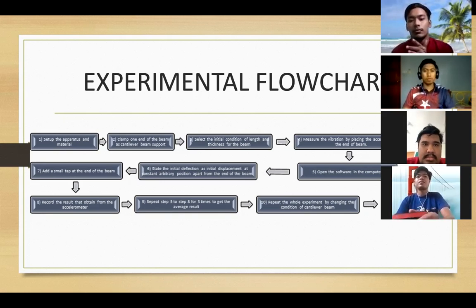And then we will repeat step 5 to step 8 for 3 times to get the average result for our experiment. And then we will repeat the whole experiment by changing the condition of the cantilever beam. And finally, we will measure and record all the data that we get. Thank you. That's all from me.